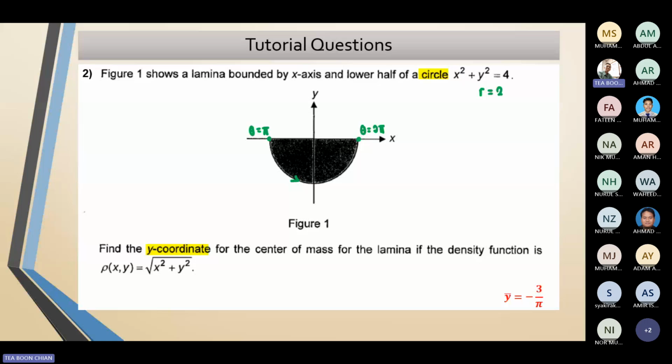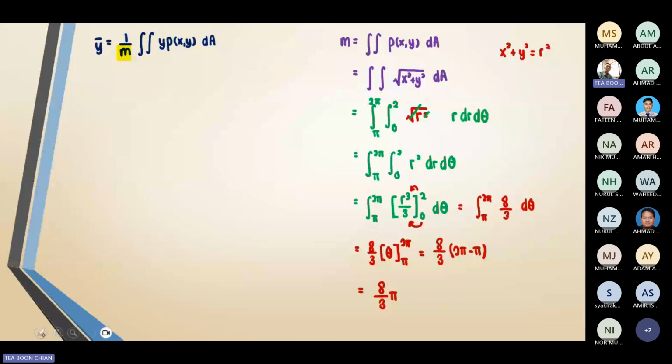We're not done yet because we just obtained the mass. This is the mass that we need to fit in this position. Therefore, continue finding the y coordinate here. So 1 over m is just 1 over, in the big bracket, 8 over 3 pi. This is the m that we found here. If you understand how to find m, the exact same integral you will copy and paste into your y.